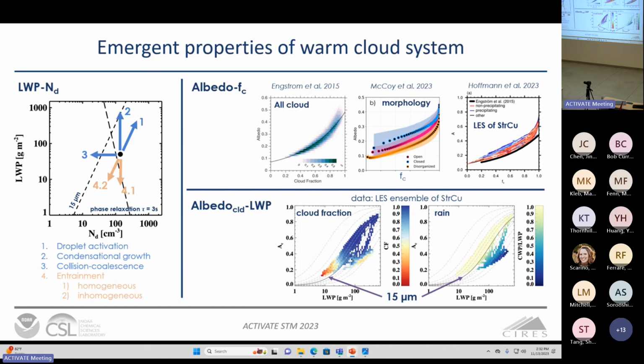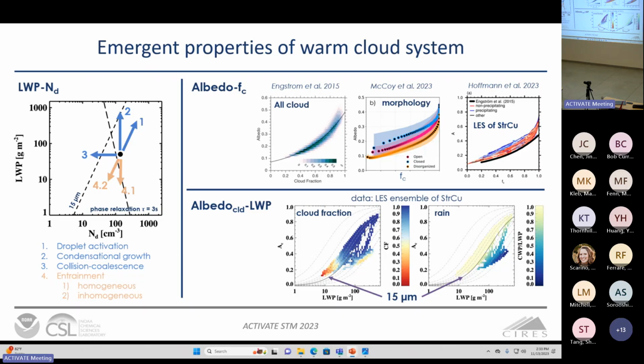Another phase diagram I want to show is this cloud albedo-liquid path relationship. Here I'm showing this diagram with some data from our large-eddy simulation ensemble of a stratocumulus region. One thing I want to highlight is cloud breakup. The color indicates the cloud fraction, so higher cloud fraction, and we have two pathways of cloud breaking up into open cells. The first one is the entrainment pathway, where you keep the same number concentration, so you fix the liquid path and vary the albedo.